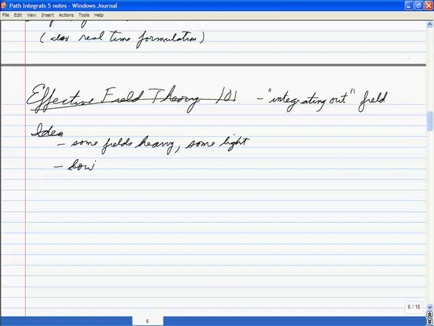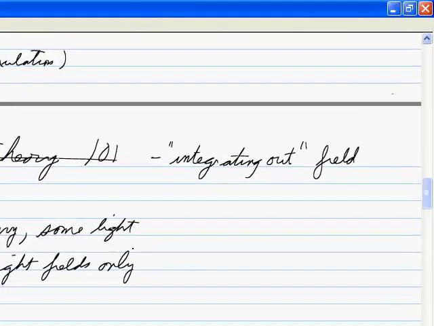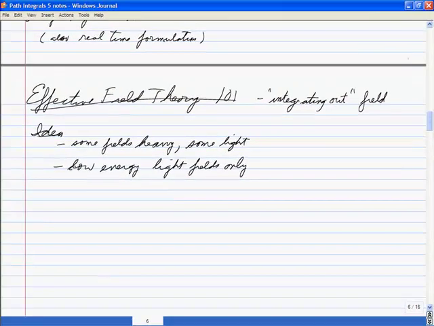At low energies, you're only going to use the light fields. Okay. So the heavy fields appear only in loops or in propagators, internal stuff. They don't appear as external states.